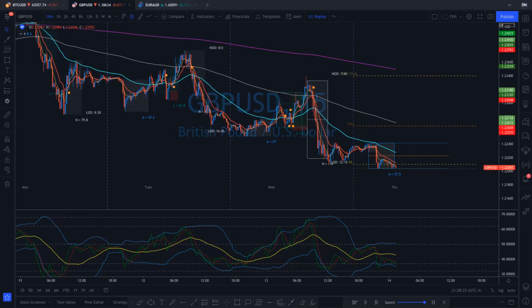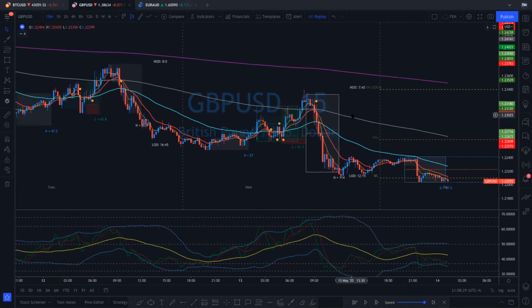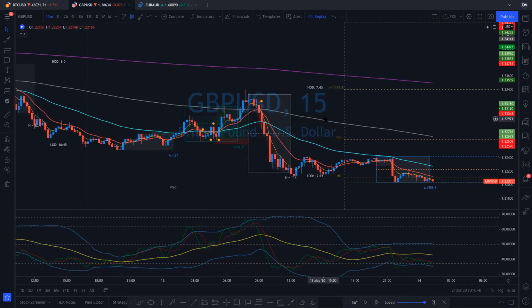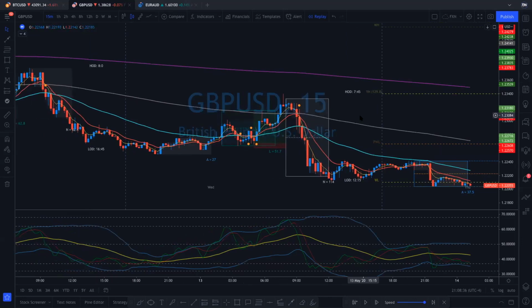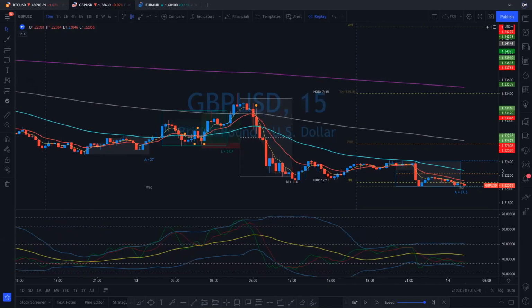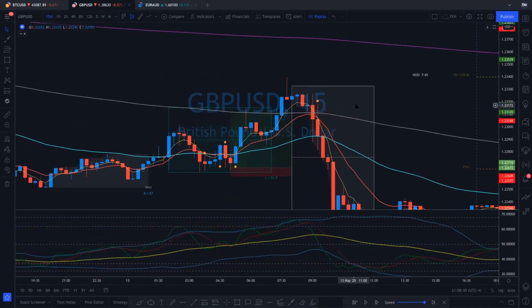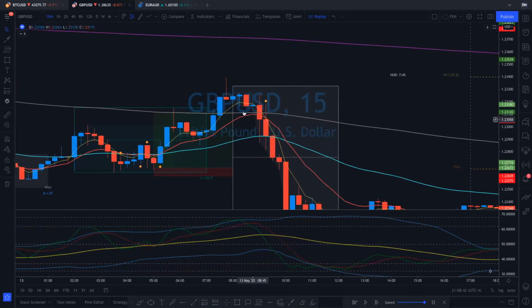This trade here would have been kind of hard to get into. You would have had to really be paying attention after this candle here, because this right here is the go candle, because it breaks out of that structure, and then you do get a pullback.